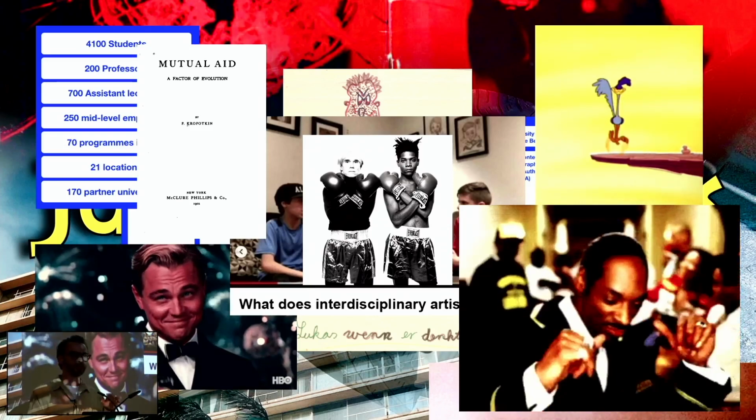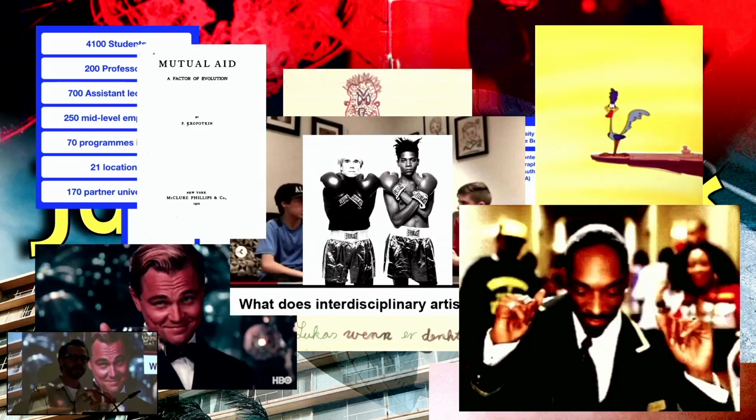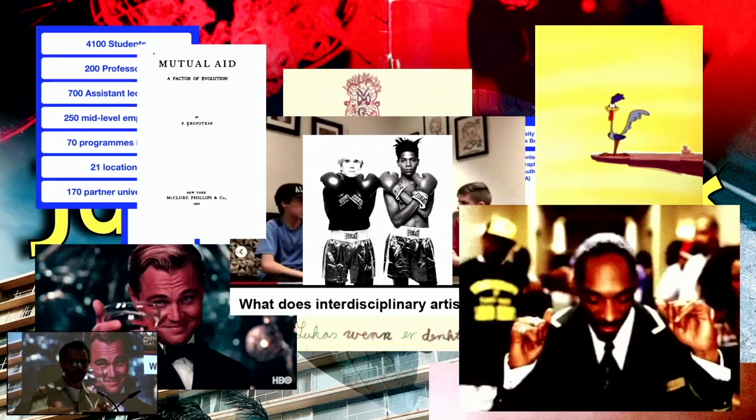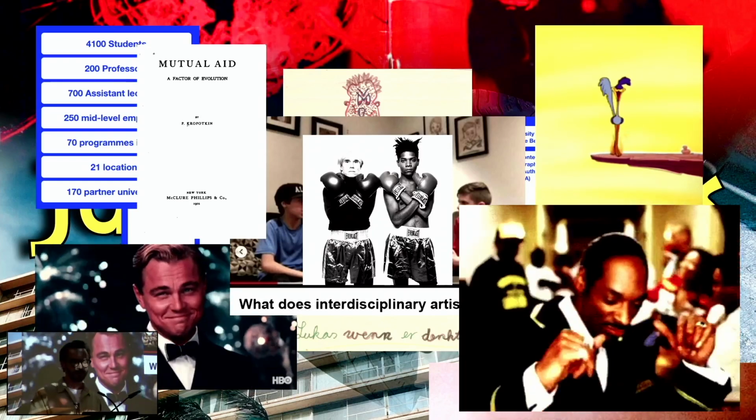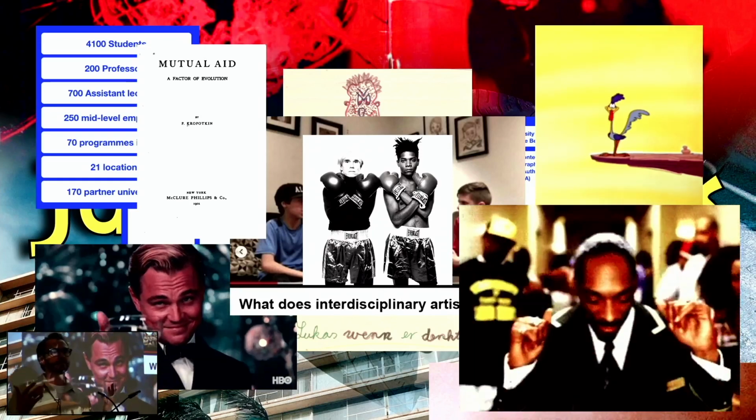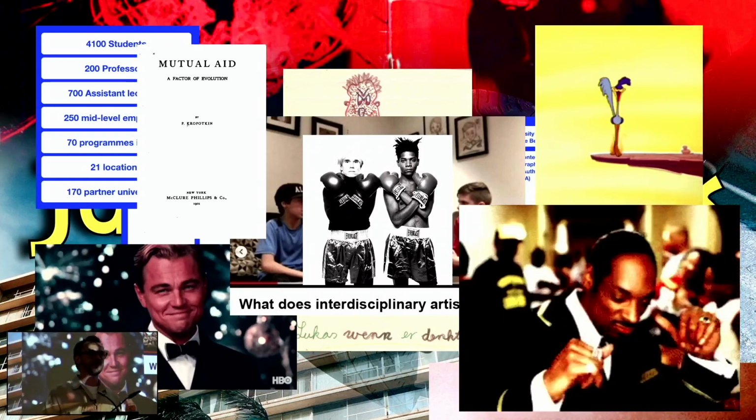So Kropotkin basically argues that mutual aid, that we help one another, has pragmatic advantages for the survival of human and animal communities. And this is quite the opposite to Darwin's idea of survival of the fittest. No, we have to fight, whoever wins gets the world.